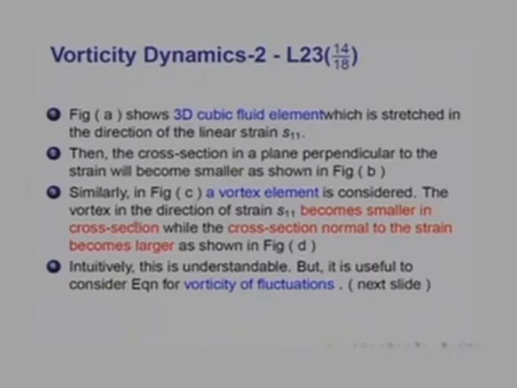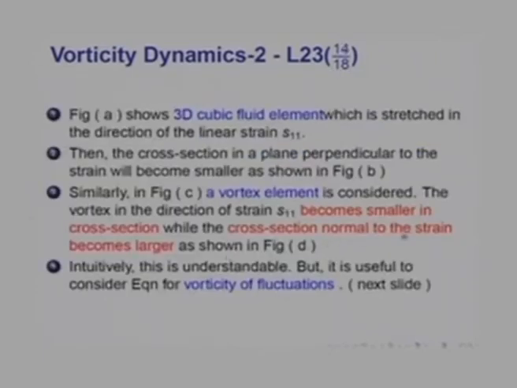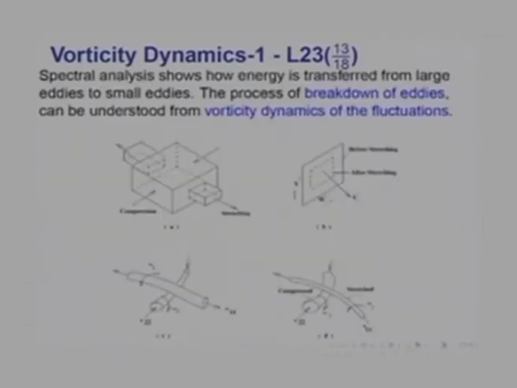The vortex in the direction of strain S11, this is S11, and the vortex is being stretched, so it becomes smaller in cross section, while the cross section normal to the strain becomes larger, as shown in figure D. So, in the stretch direction it would become smaller, from this to there.